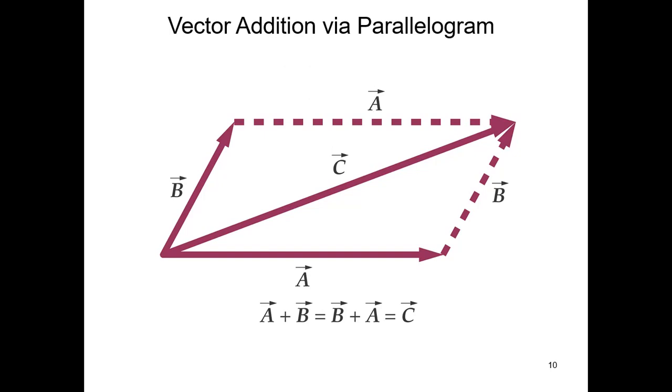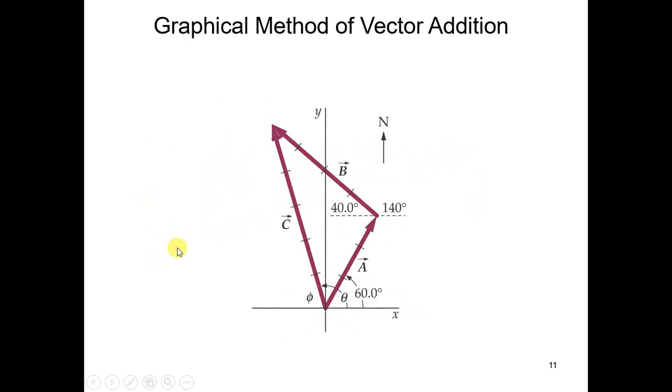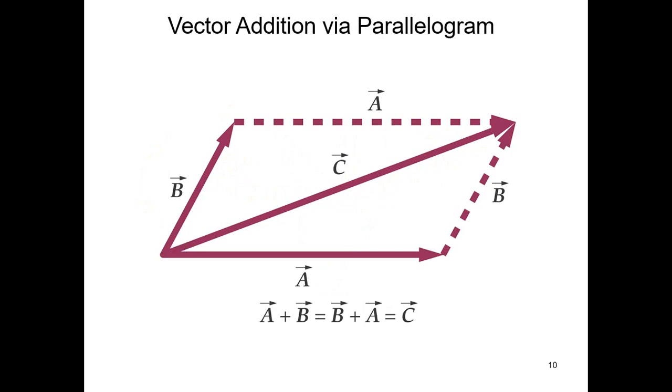What we do is draw another vector parallel to vector b at the position of vector a, and also draw a vector parallel to vector a at the end of vector b. So we get that a plus b equals b plus a. This is the parallelogram, and the resultant vector is vector c. So this is vector addition via the parallelogram method.